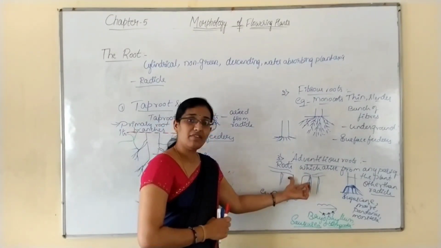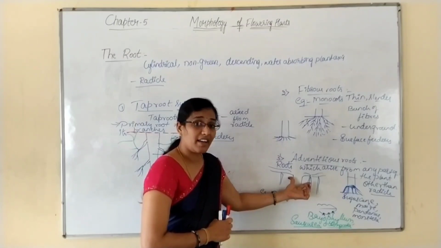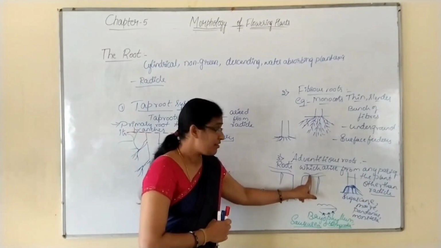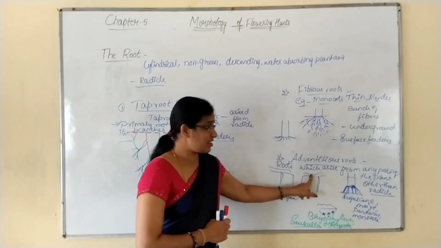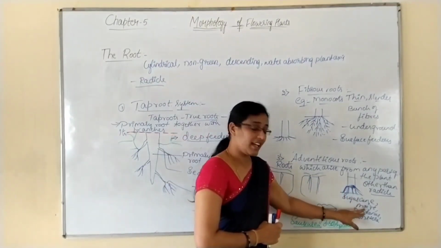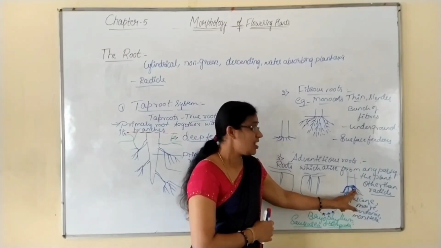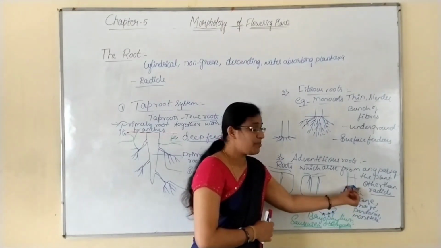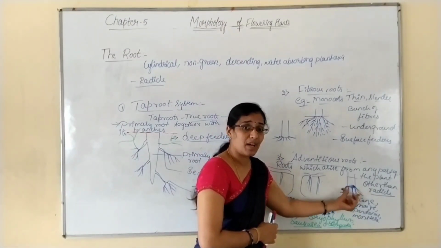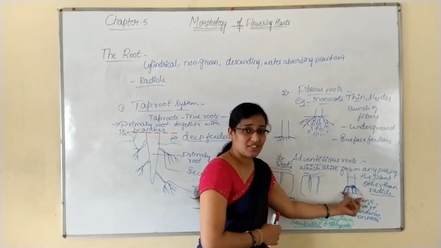In banyan tree, we can find the arrangement of the roots from the branches, from aerial parts. Whereas in sugarcane and maize, we can see similar structures. So what is happening here? From the basal nodal region, we can find the arrangement of adventitious roots.